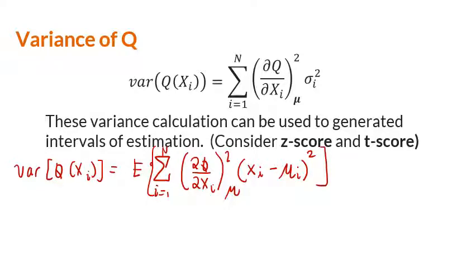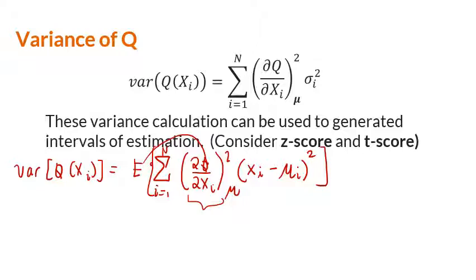Okay, so yung expectation, pwede natin ipasok sa loob, kasi constant naman ito. So meron kang summation ng expectation value ng x sub I minus mu sub I squared.